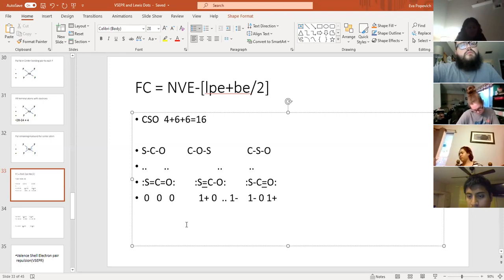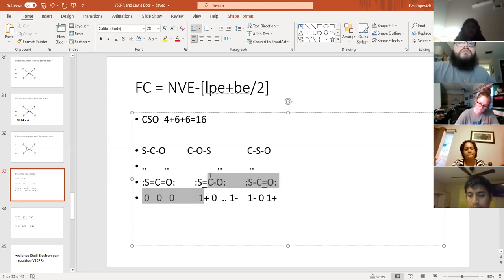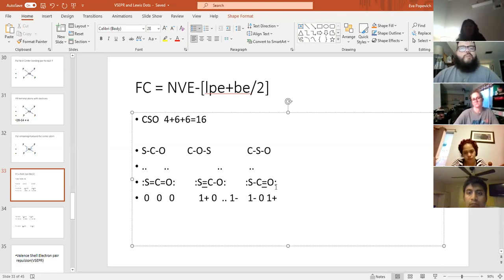Now, another rule is that the negative charge goes on the more electronegative element. Between the second and the third one, which one is more stable? The last one?